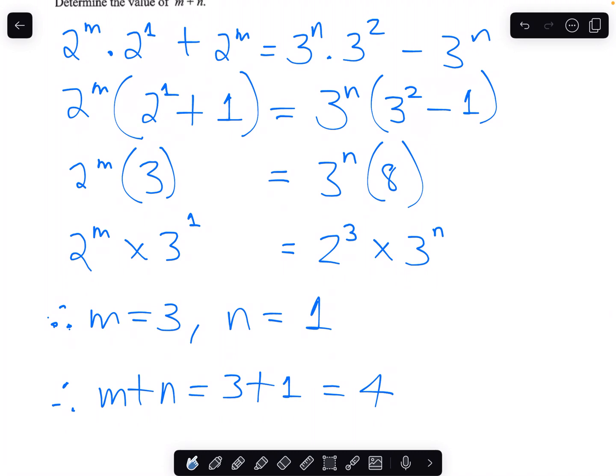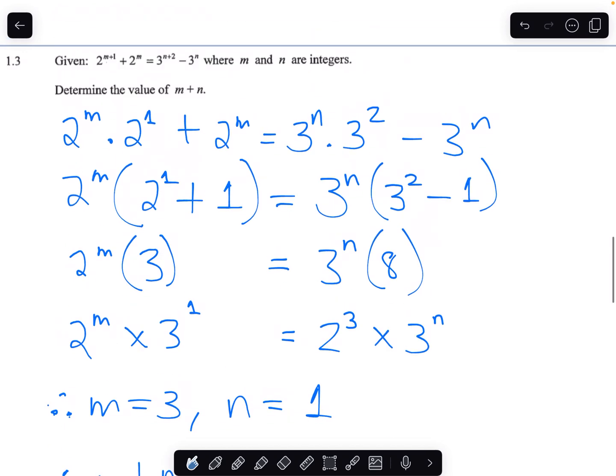Okay, let's see. Question 1.3, m plus n is equal to 4. Right, they have two ways of going about it. Okay, so the first approach is what we have done here.